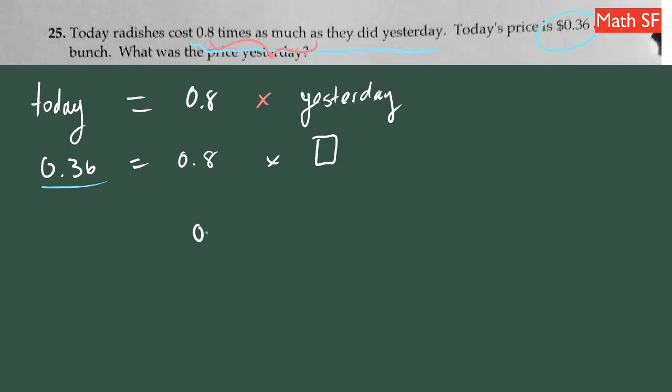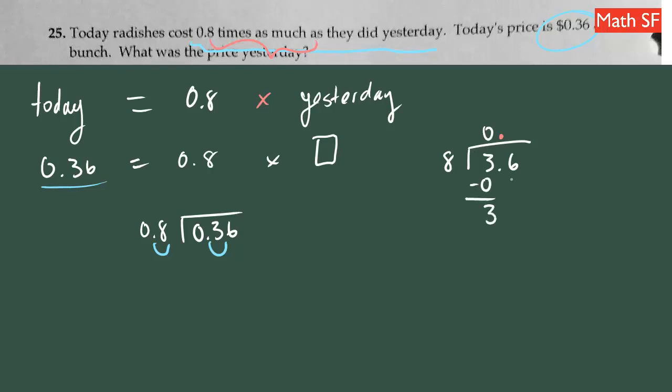So let's do that. 0.36 goes inside, 0.8 here outside. This cannot be a decimal, so we have to move it one space, and we have to move this one space. Therefore, we end up having 3.6 here. And recall, if the point goes here, the point also goes here. And we say once again, 8 goes into 3 0 times. 0 times 8 is 0.